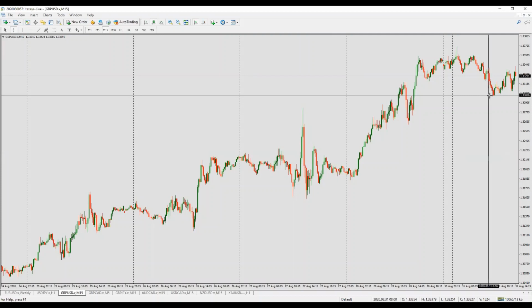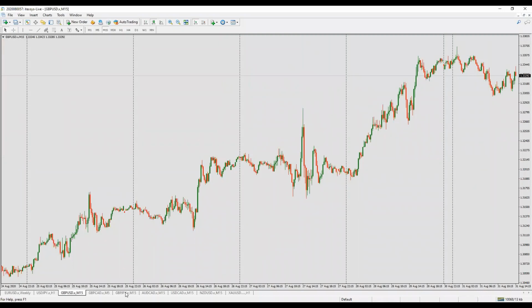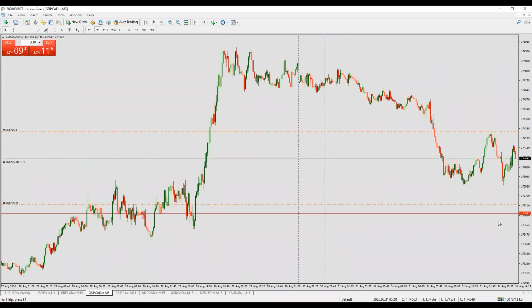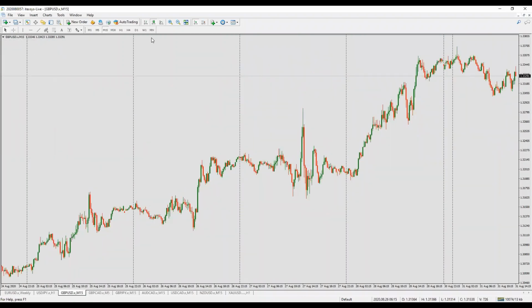It seems like a reaction here. I'm not sure, but it seems like a reaction. But among all the GBP pairs, I think the pound yen and the pound Canadian, at least for me, create the most clear situation for a position. If we take a look at the long term for these pairs, all right, let's take a look at the GBP USD.